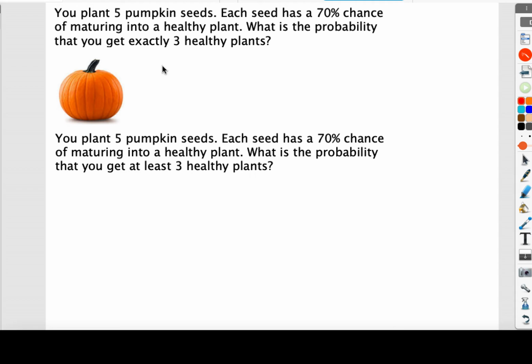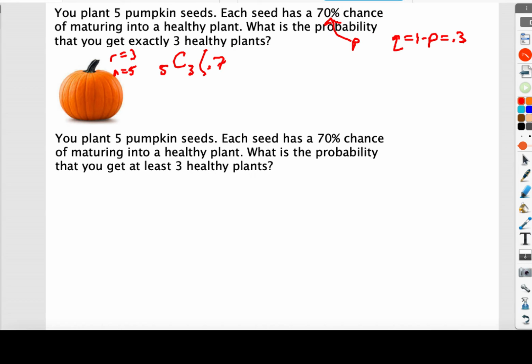Well, we've got 5 seeds possible. We want 3 of them to grow, so 3 is going to be our success. So 3 was r, whereas n, the total number of seeds, was 5. We're going to multiply that by the probability of success, which we call p, whereas the probability of failure, q equals 1 minus p, is going to be 0.3.